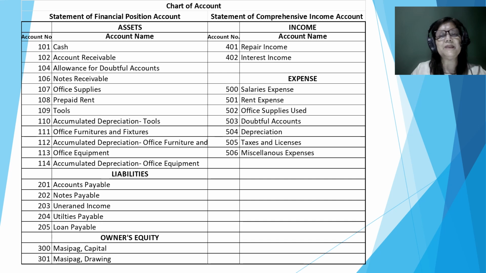How about the statement of comprehensive income account? We have income and expenses. So, we have repair income as an example, and then it starts with 401. Okay, and then expenses started with 500 or 5,000 or 50. It depends upon the company who adopted the chart of accounts.